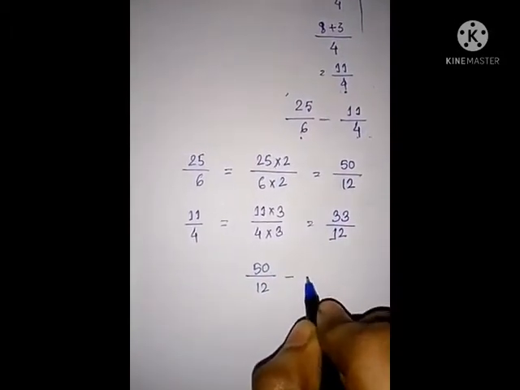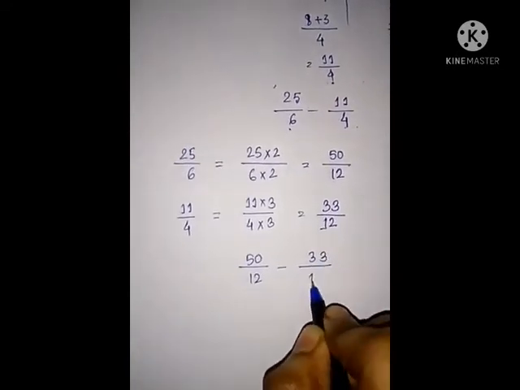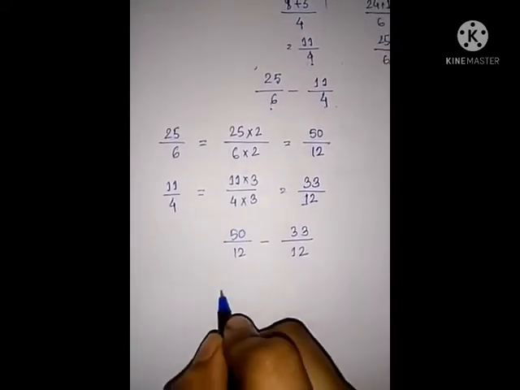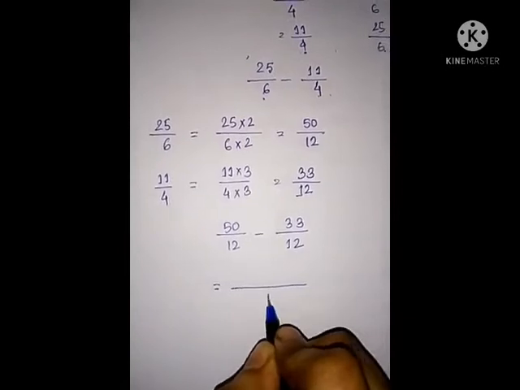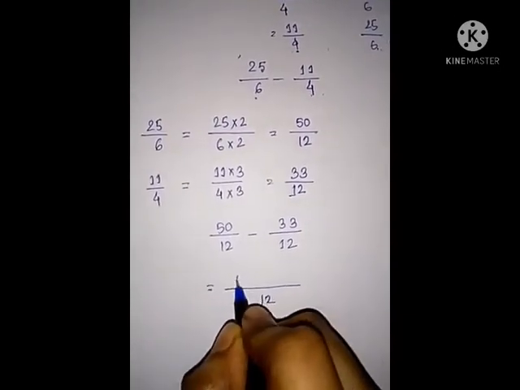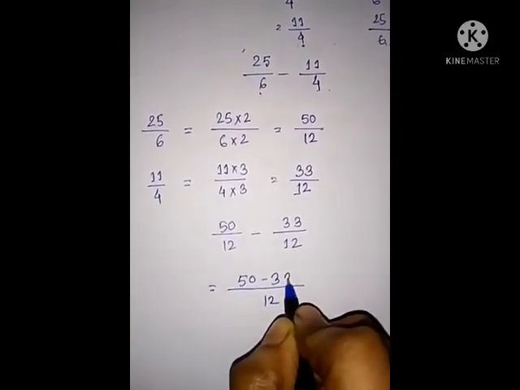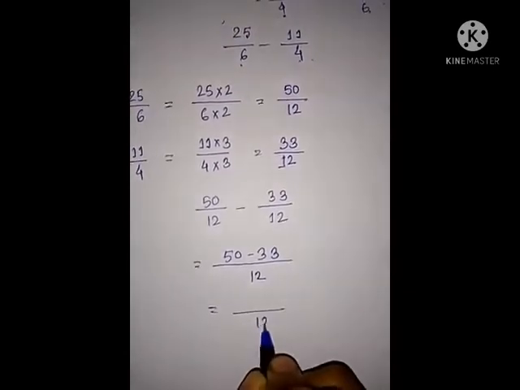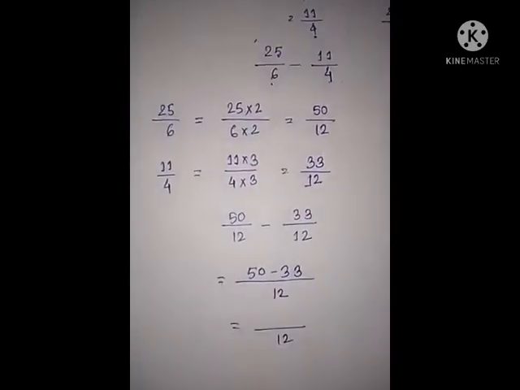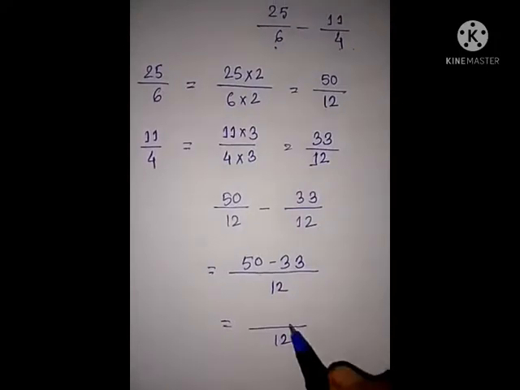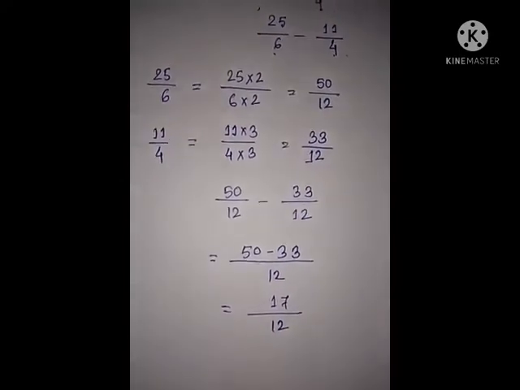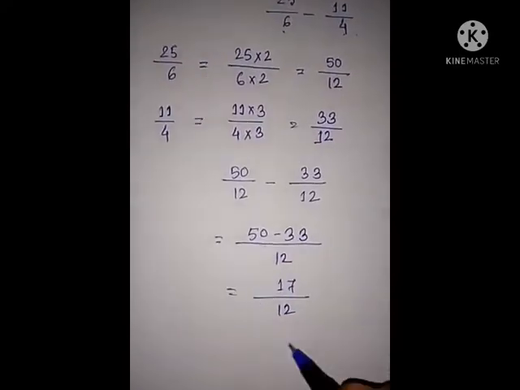50 by 12 minus 33 by 12. So the denominators are the same. Now simply subtract the numerators. 50 minus 33 becomes 17. Okay, now this is an improper fraction.